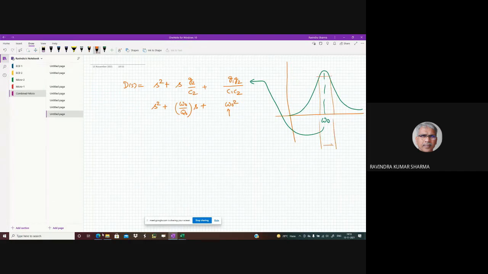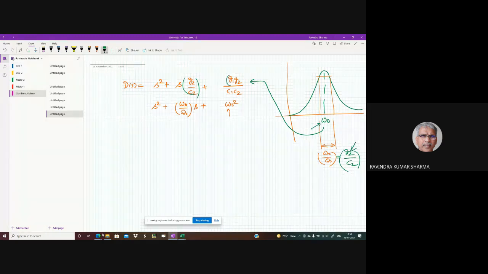क्या होती है? This bandwidth is nothing but omega naught by Q naught, and this omega naught by Q naught in this case is how much? Is this, so which is now G2 by C2. तो आप बड़े गौर से देखो, जो बैंडविड्थ है उसको हम अगर G2 से कंट्रोल करें और सेंटर फ्रीक्वेंसी को किससे कंट्रोल करें? सिर्फ G1 से, तो आप इत्मीनान से कह सकते हो कि 2 पैरामीटर फिल्टर के इंडिपेंडेंटली इलेक्ट्रॉनिकली कंट्रोल किए जा सकते हैं.